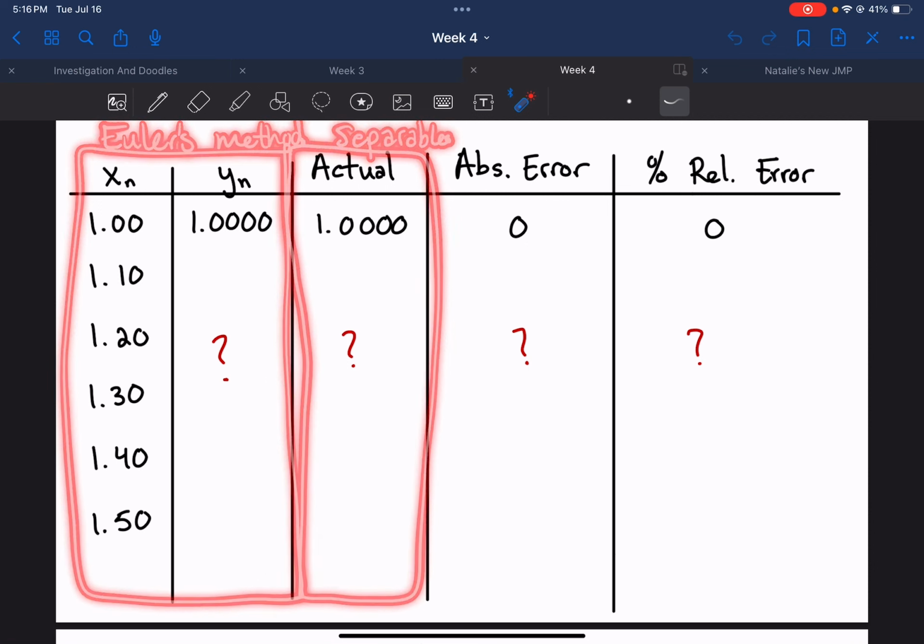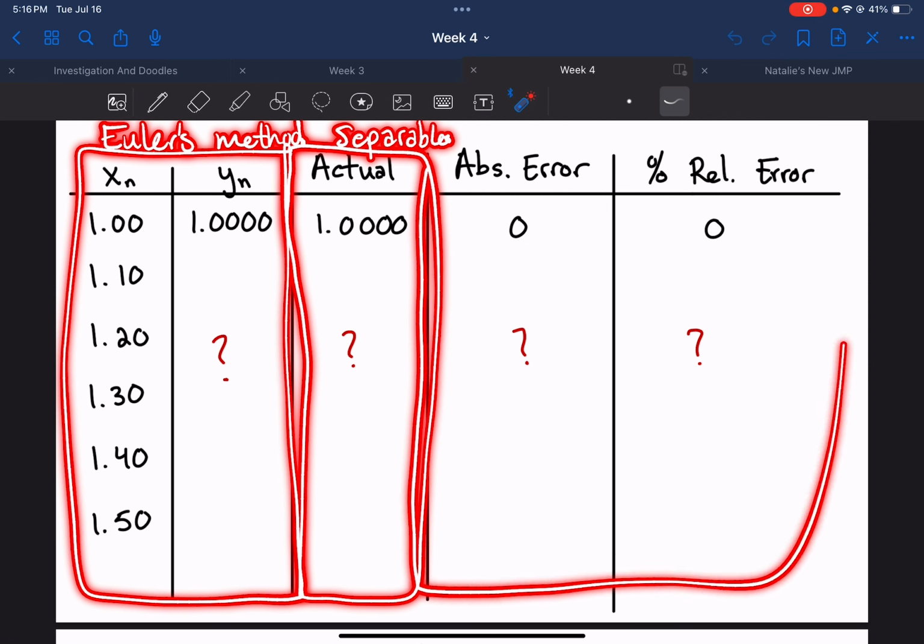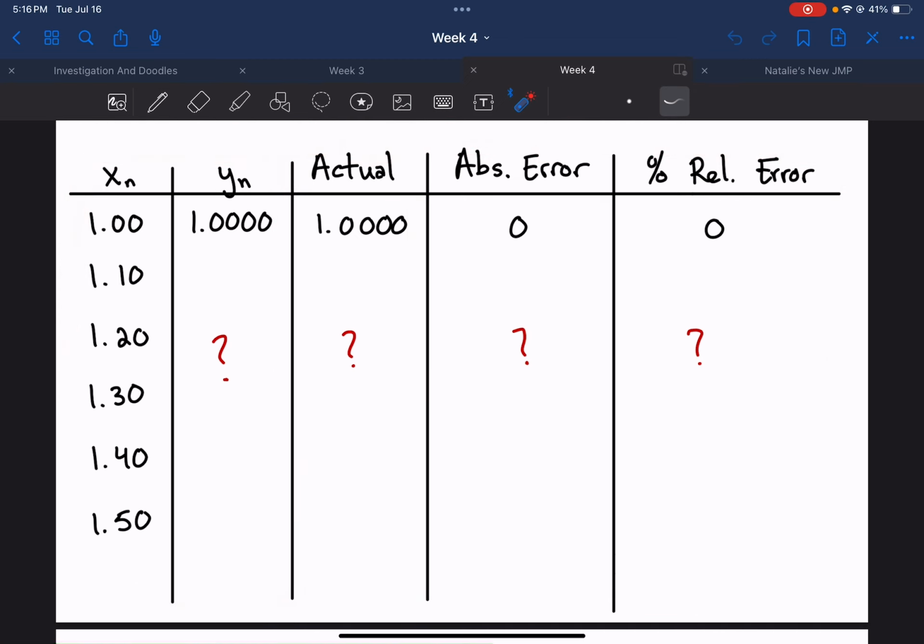And then I can use those equations to calculate the absolute and relative error of the approximation. This uses the approximation and the actual value of y. That's the setup. So every time I do one of these Euler problems, I get this table: my x's, my y's, my actual, my absolute error, my relative error.